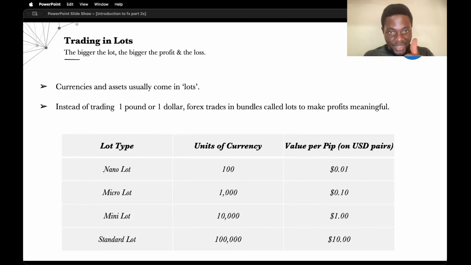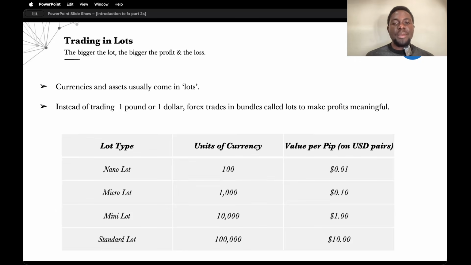Knowledge is at your fingertips. Okay, so this is 10 cents and this is 1 cent over here. You understand? Good, let's go.